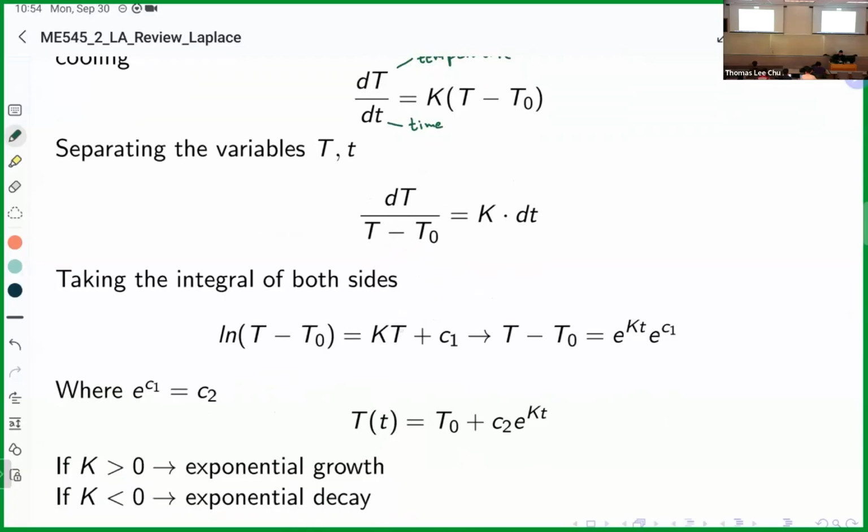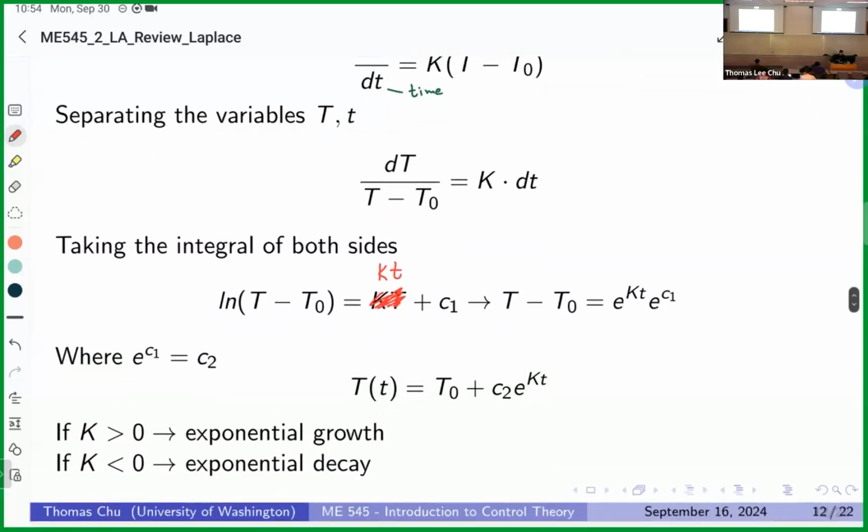And actually, this should be, I'll release a corrected version of this. k lowercase t plus some constant. And then when we take the exponential on both sides, we get this final solution. Temperature as a function of time is equal to your initial temperature plus some constant times e to the heat constant times your time.